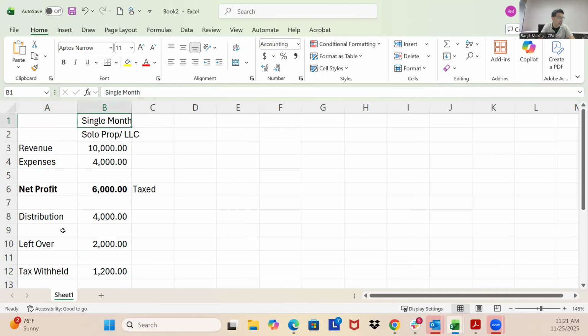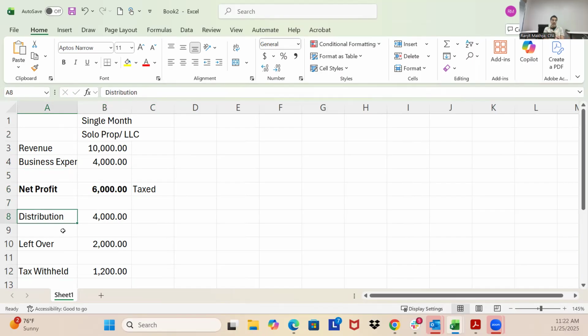So that's a single month of solo prop. Let's go over it again. Your revenue is $10,000. Your expenses are $4,000. These are business expenses, not personal. So your net profit is $6,000. It's still going to be taxable. You have a distribution of 4,000.